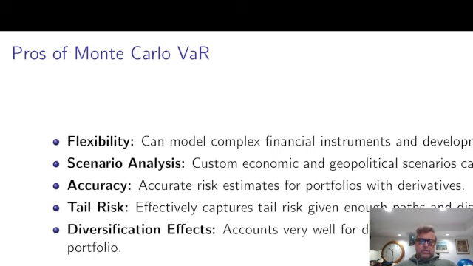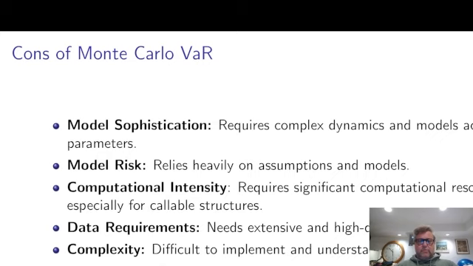It is very good in risk estimation for portfolios with derivatives because it has this precision, and it does well with tail risk. You need enough paths and distributions, but there's no reason why tail risk cannot be taken into account because it is a Monte Carlo simulation. And diversification is taken into account inside of the Monte Carlo simulations.